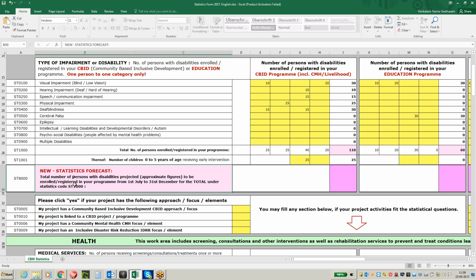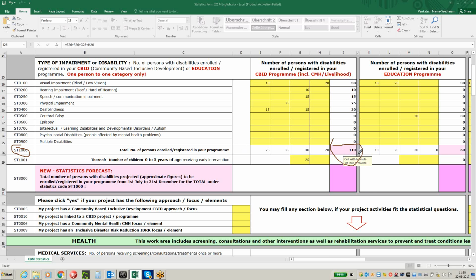This is total number of persons with disabilities projected, that is approximate figure, to be enrolled or registered in your program from 1st July to 31st December for the total number under statistics code 1000, which means here you are just filling one number. For example, here you see 110 as total, right, for this code ST1000.